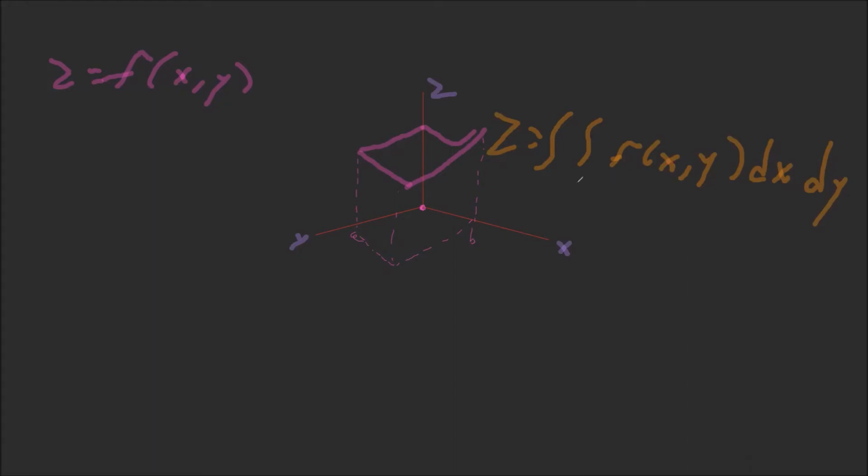So by taking the x integral, we're actually finding a function that can represent this plane here at any point. And I'm just going to write this in a two-dimensional sense.